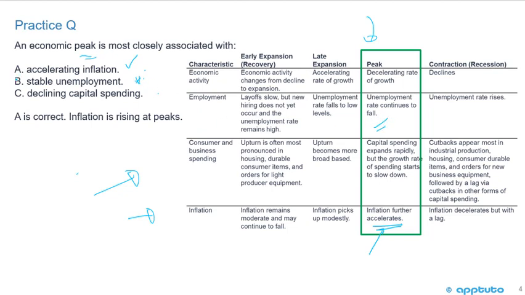Well, continuing to fall is not obviously stable, so that one was wrong. And then we go to the row here for capital spending. Capital spending expands rapidly, but the growth rate of spending starts to slow. It says expanding. It's definitely not declining. It's the opposite. So A was correct. Again, excellent little question. You have to understand and memorize the characteristics of this type of table.